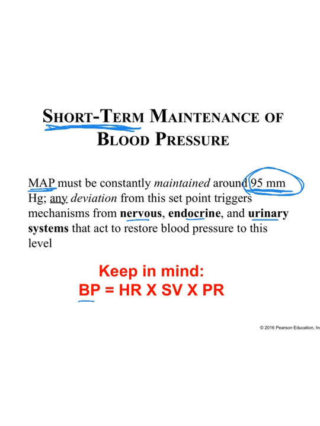So blood pressure is equal to the heart rate times the stroke volume times the peripheral resistance. Keep in mind, heart rate and stroke volume multiplied together equal cardiac output.